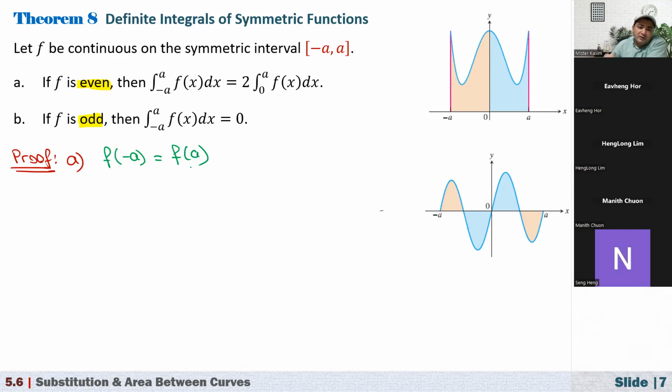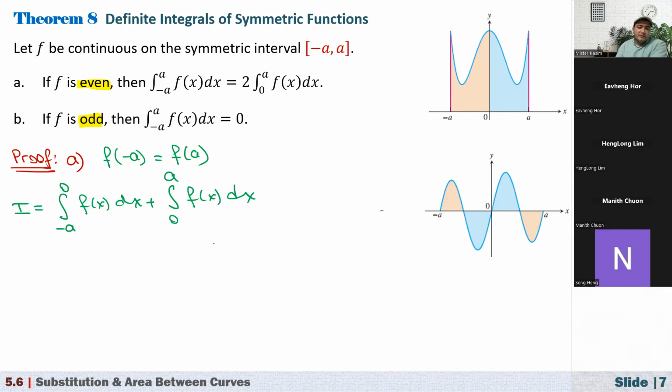So now let me write our integral I equal to the integral from -a to a of f of x dx. Using the second property, I can write this as the integral from -a to 0 of f of x dx plus the integral from 0 to a of f of x dx.